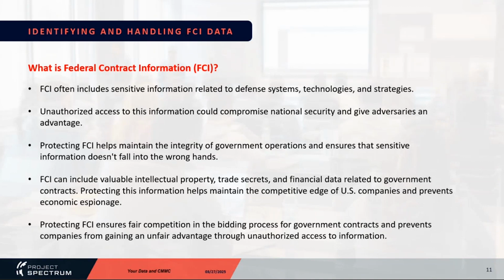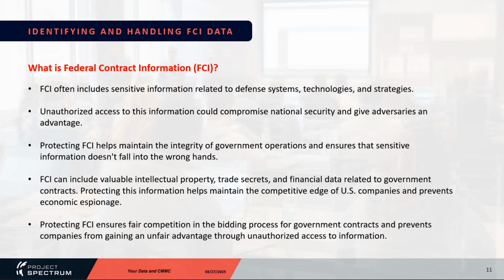Now, you're talking about valuable intellectual property, including trade secrets or even financial data related to government contracts. This is not information you want going elsewhere. Protecting that information helps to maintain the competitive edge that U.S. companies have, and it prevents economic espionage.